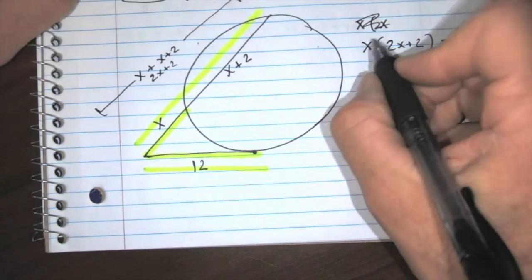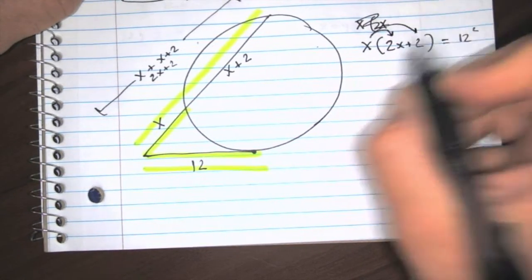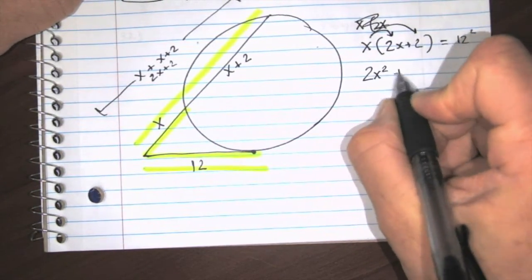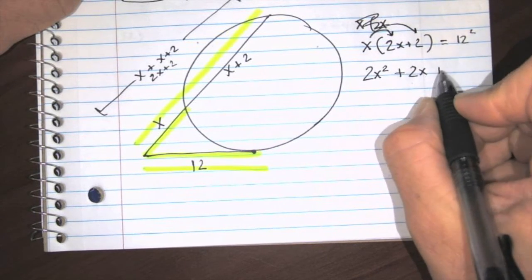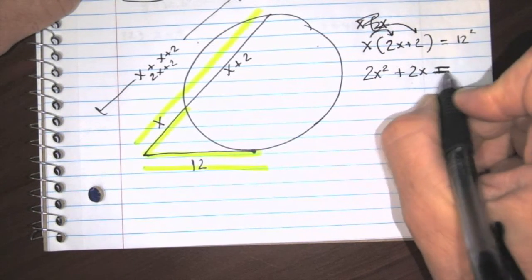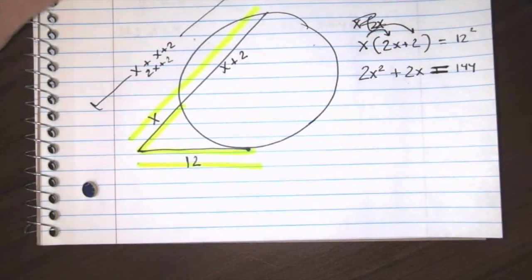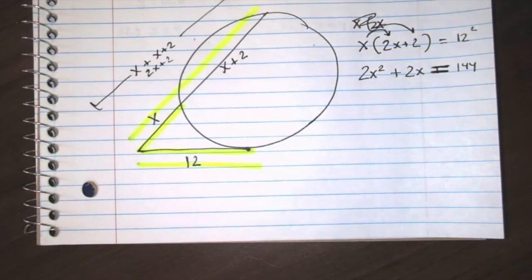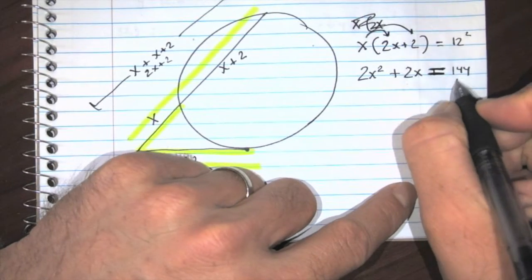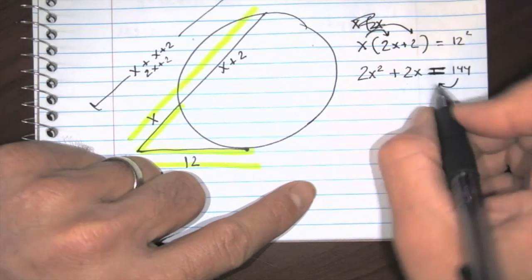Okay. Distribute the x. 2x squared plus 2x equals, that's an equal sign, sorry for that vertical line, equals 144. We got to factor, we got to factor, we got to factor. Subtract the 144 on both sides.